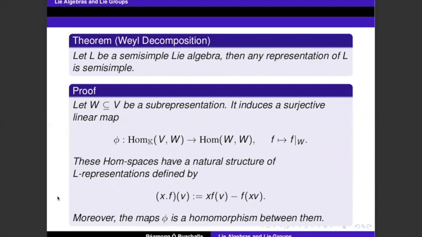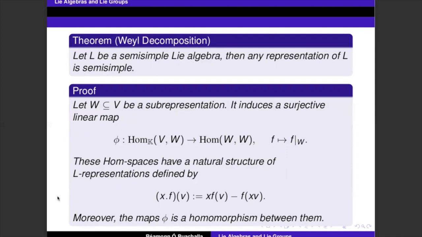That's what I've been saying a number of times since the beginning of the lecture. The semi-simplicity of your Lie algebra, the fact that it decomposes into a direct sum of simple subalgebras, implies that any representation behaves analogously, that any representation decomposes into semi-simple parts, into these atoms, which is very nice.